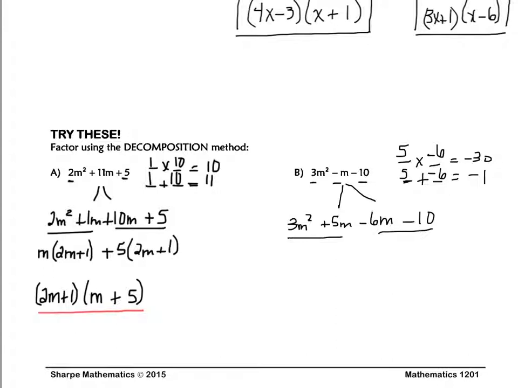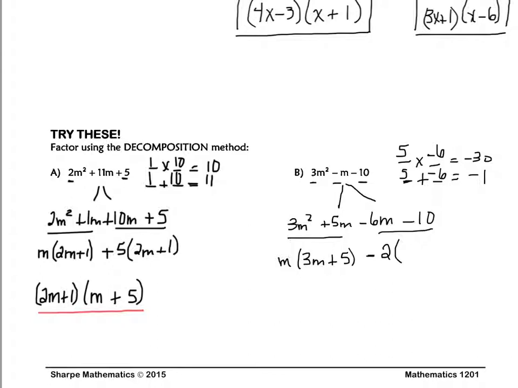So in the first group, there's only an m in common outside of 3m plus 5. And in the second group, take that negative out. If the first term of your second group has a negative, regardless of whether it's in both terms or not, always take it out. So then you've got a negative there, and 6 and 10 would have a 2 in common.